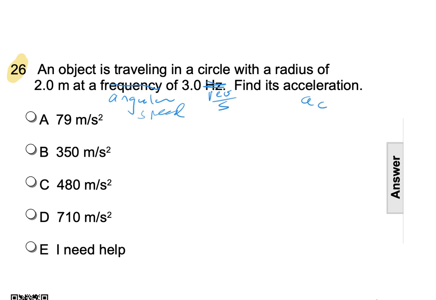Find the centrifugal acceleration. So AC equals V squared over R. Now be careful. The angular speed is not the same as tangential speed. So we're going to have to think about this one.